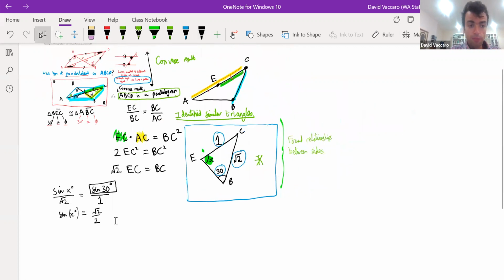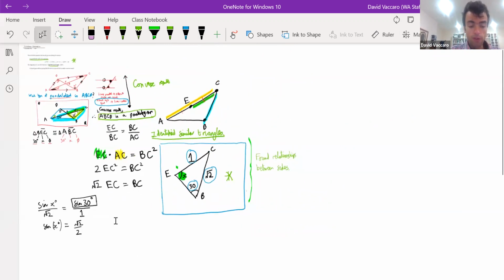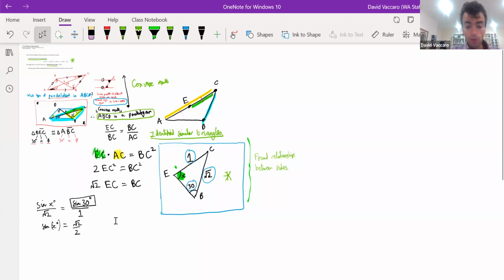And so can you now populate the chat with the value of x degrees for me? Excellent. The chat is filling up with 45 degrees.